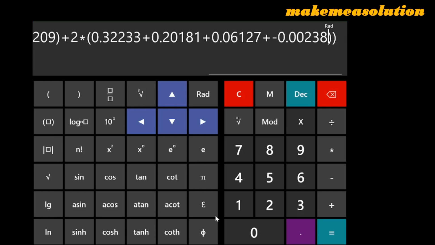Okay, so that's it. Plus equal to, so this is what we get with Simpson's rule.